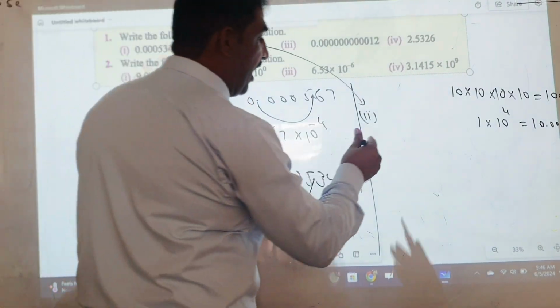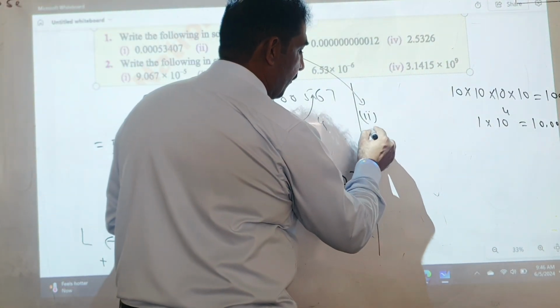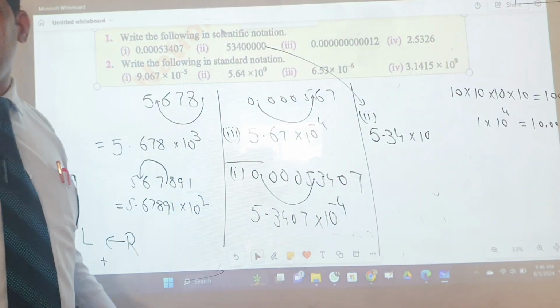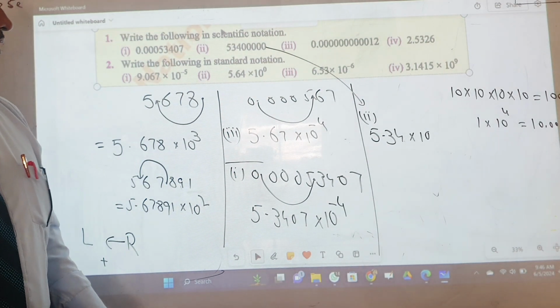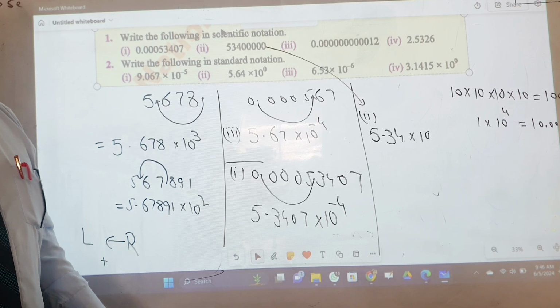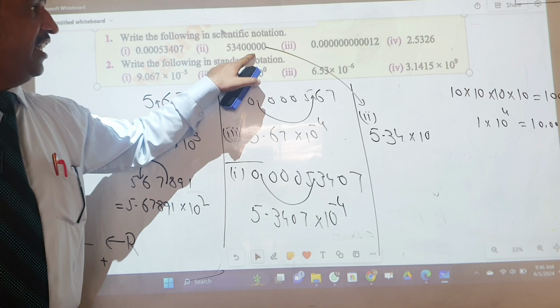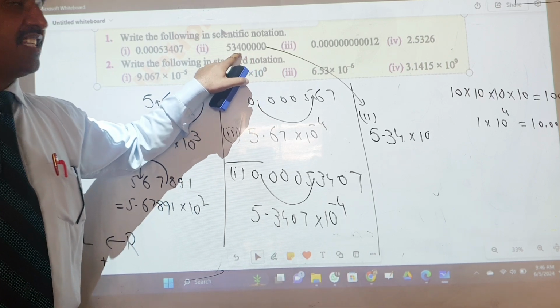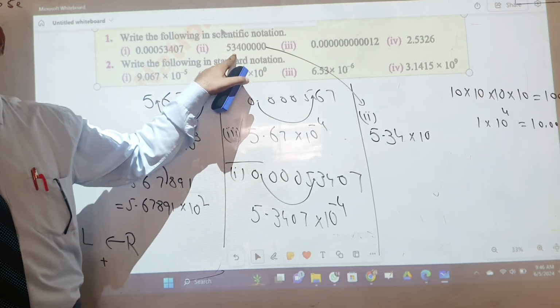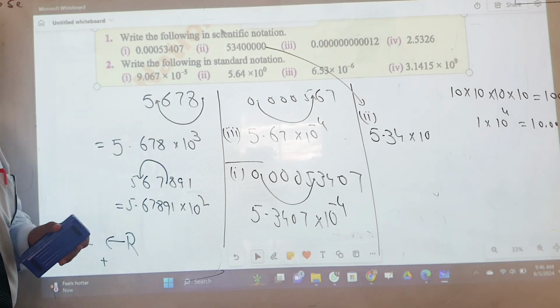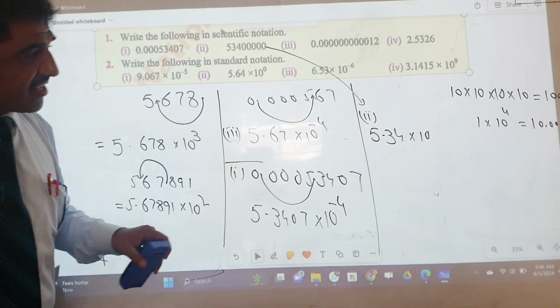So what should we write? 5.34 times 10 exponent. What should the exponent be? Count how many digits here? 1, 2, 3, 4, 5, 6 and 7. Minus 7. But I said that when the decimal point moves right to left, it is plus 7.